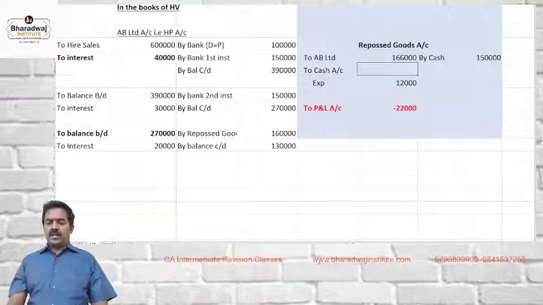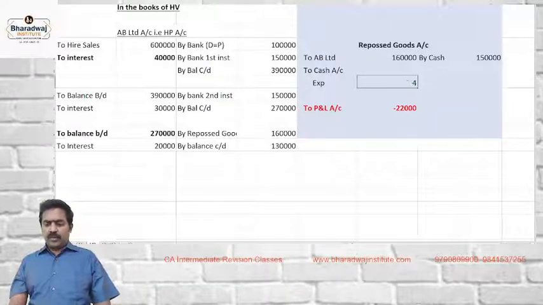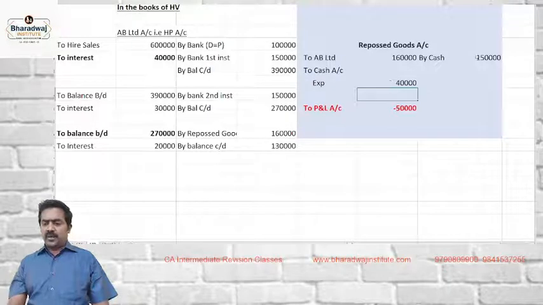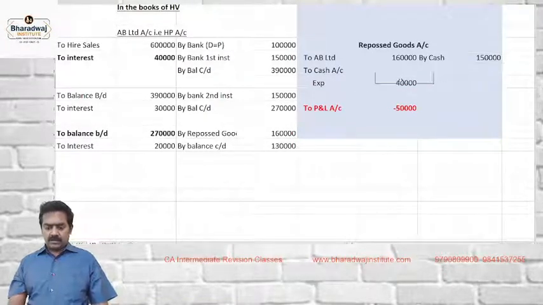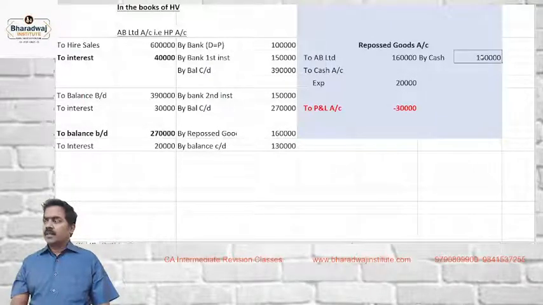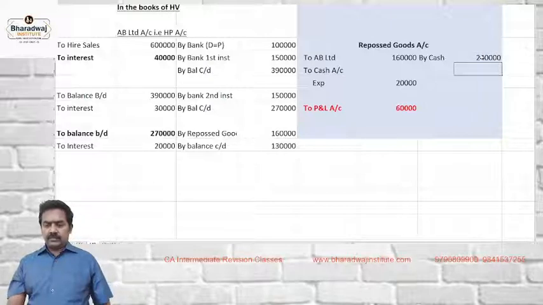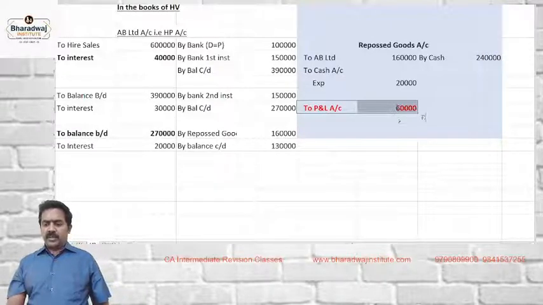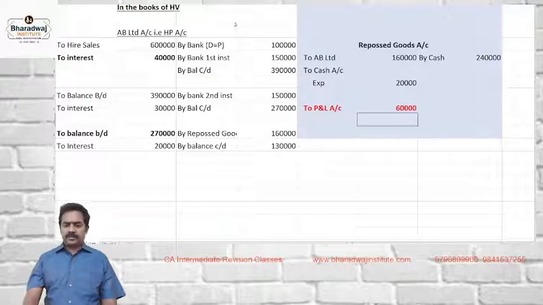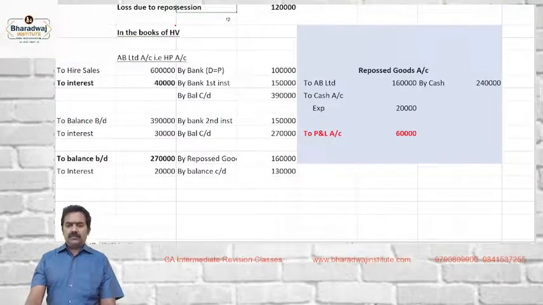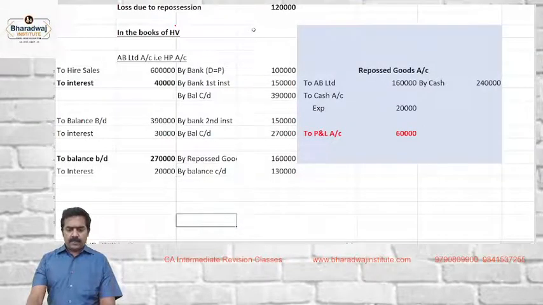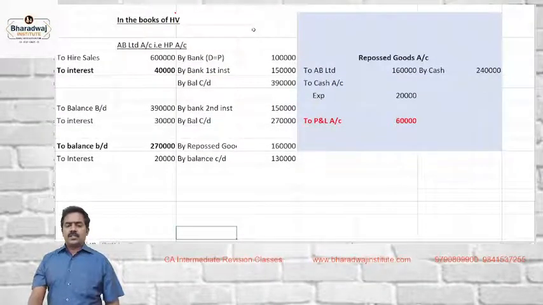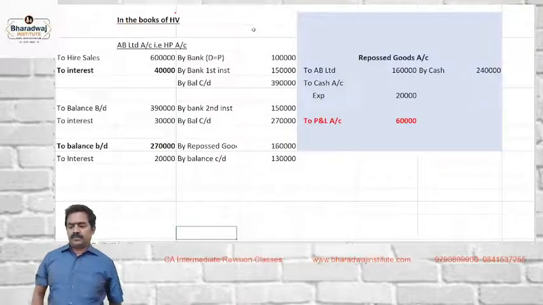It is reconditioned at a cost of 40,000 spent for reconditioning, sold for 40,000. So balancing figure will be transferred to which account? P&L account. So this is in the books of which one? Hire vendor.